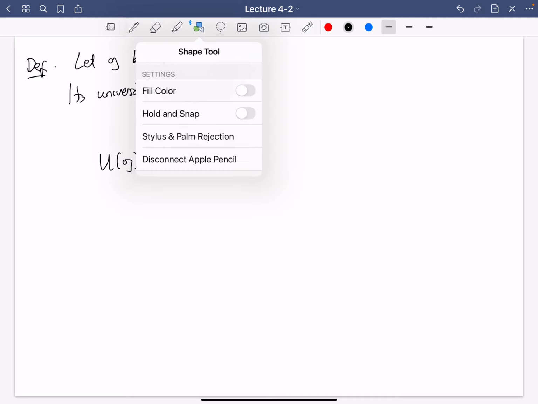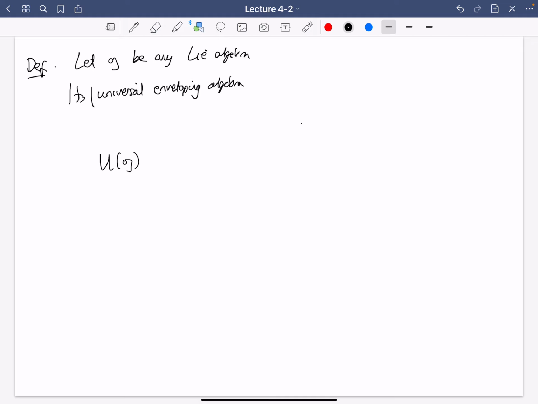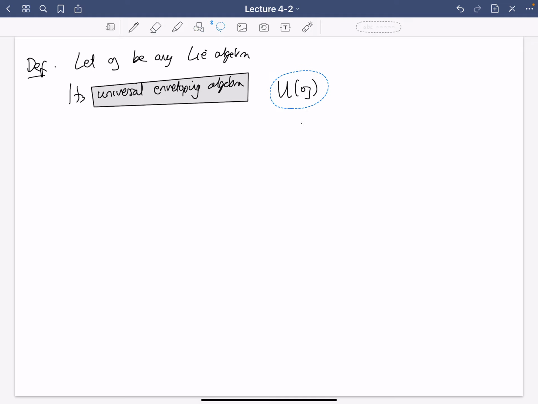Let's give this a fancy box, because this is now a really important notion. It's denoted U of G, the universal enveloping algebra of G. This is an associative unital algebra.